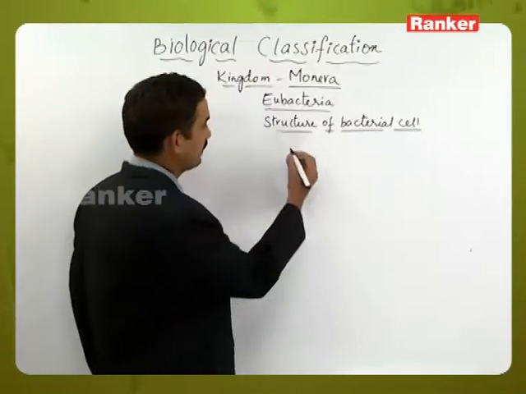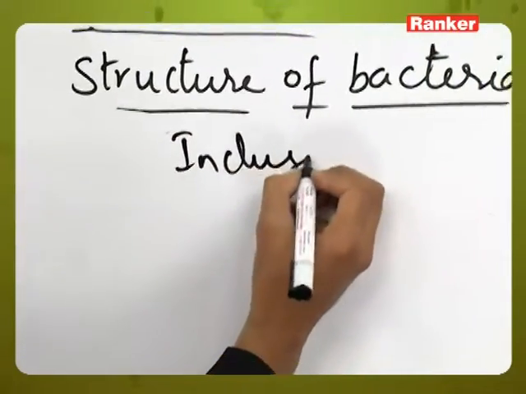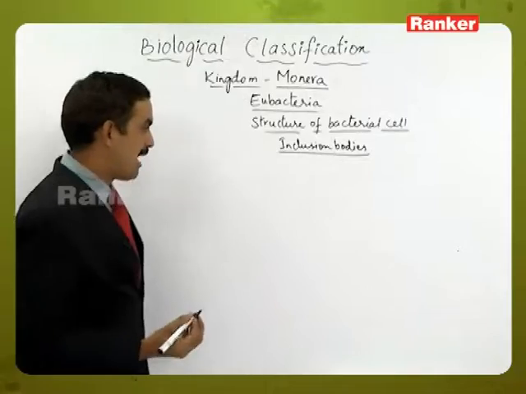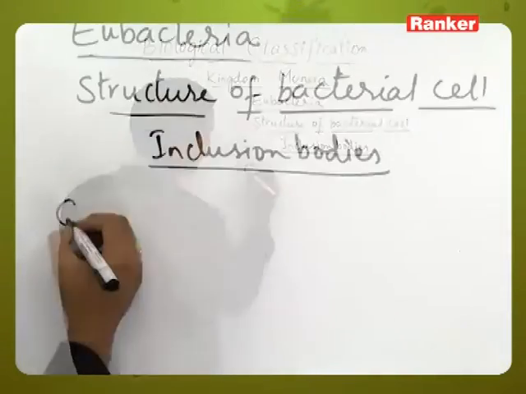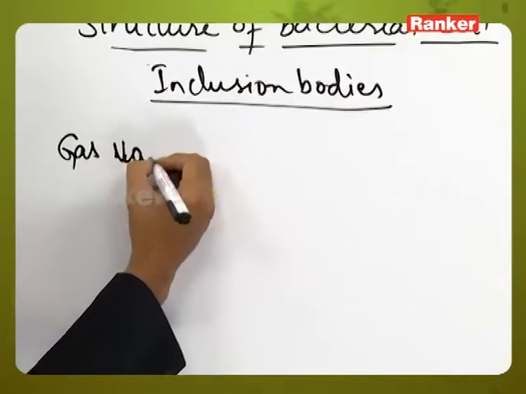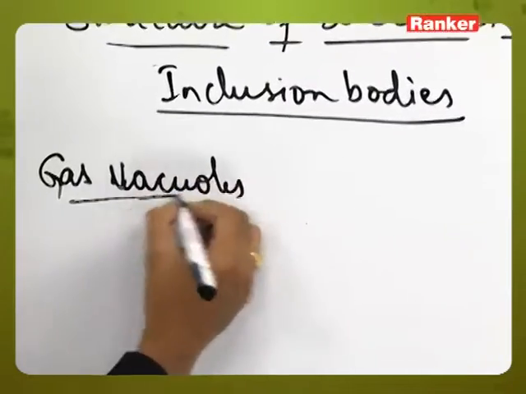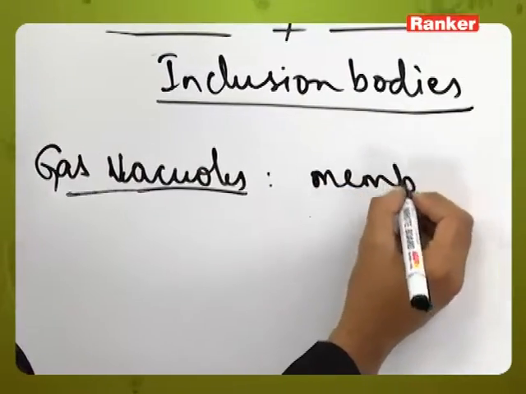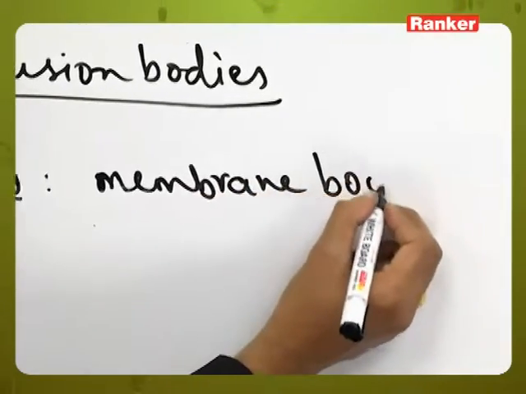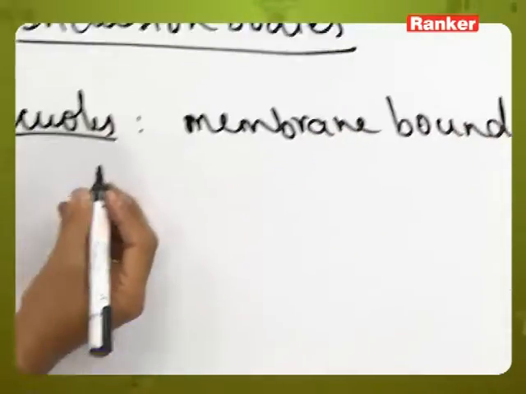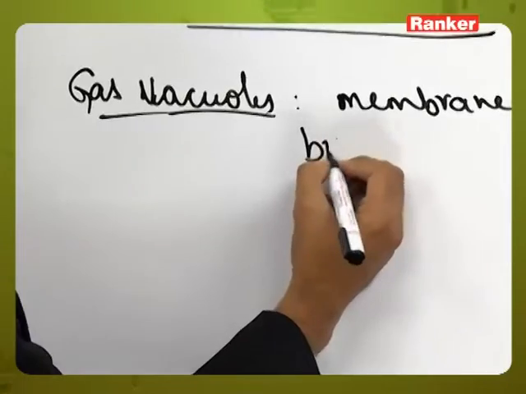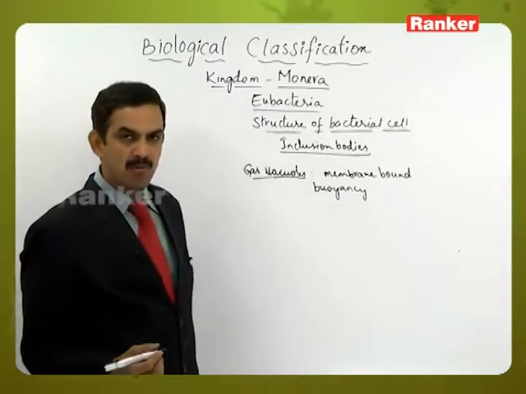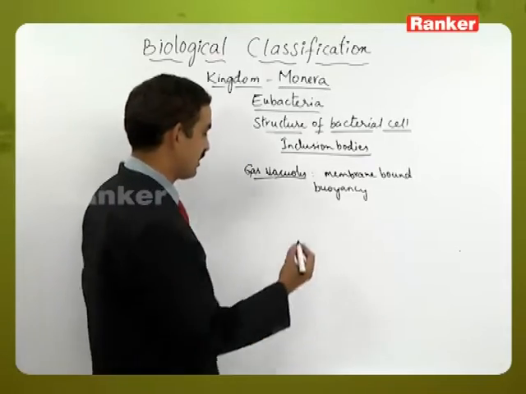Some bacteria have inclusion bodies in them. Apart from these inclusion bodies, some of them will have gas vacuoles. These gas vacuoles are membrane bound, and they are concerned with buoyancy, that is the ability to float on the surface of the water.